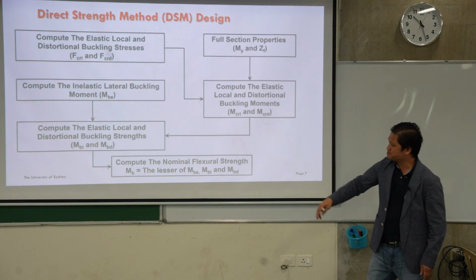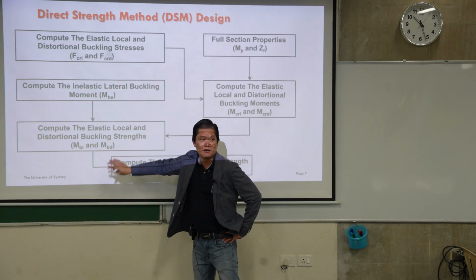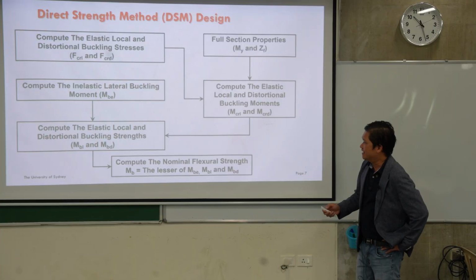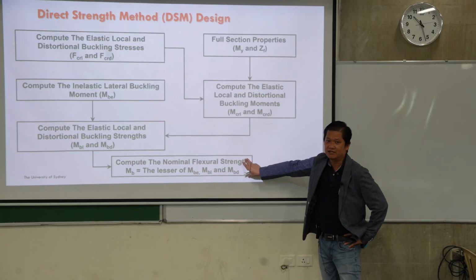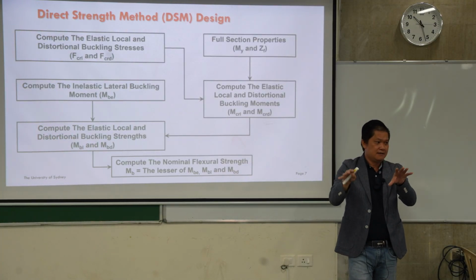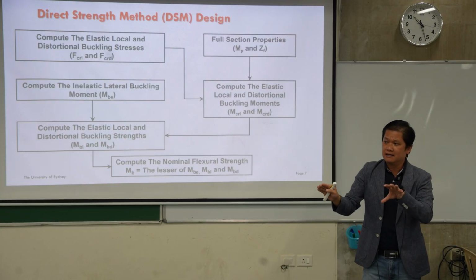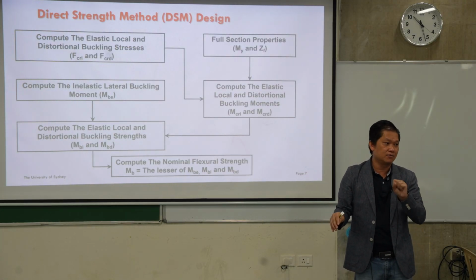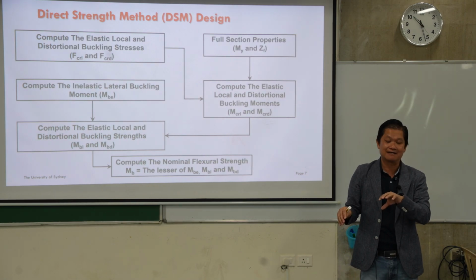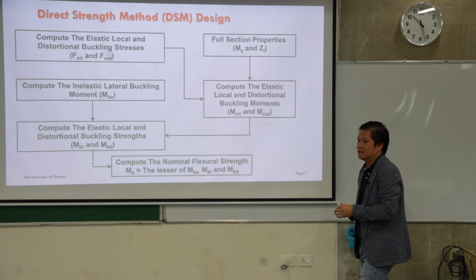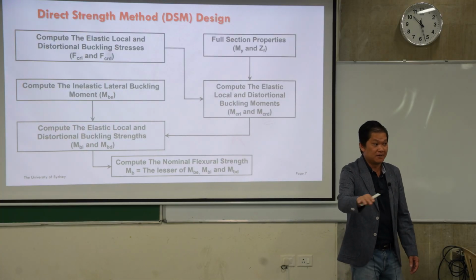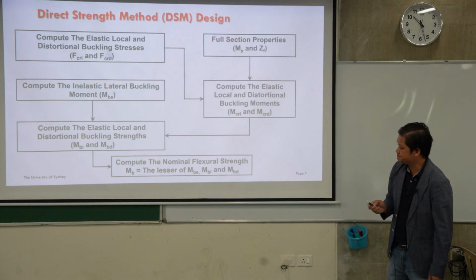So that curve takes that into account. At the end of the calculation, we get three buckling numbers and three strengths. Then we compare them together and choose the lesser, and that governs your design.